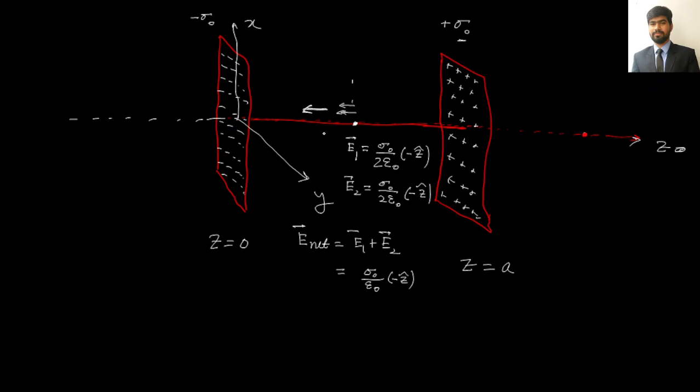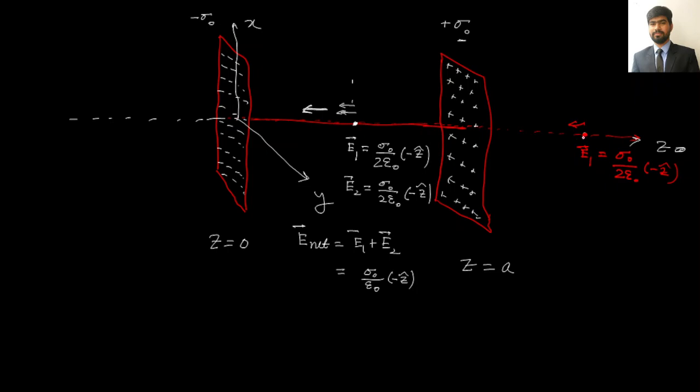Again, we first calculate the electric field due to each individual plane. If the electric field because of the first plane is E1, what is its value at this point? This plane is carrying minus sigma naught, but we write the magnitude, sigma naught divided by 2 epsilon naught. Since it carries a negative charge density, the field is towards the plane, along this direction, so minus z cap.